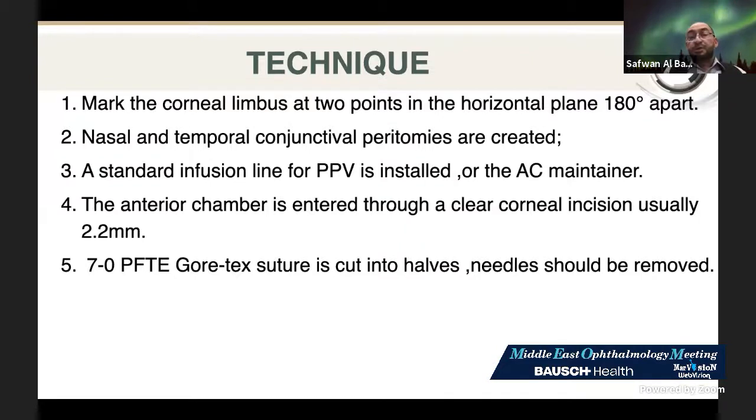A standard infusion line for PPV is installed, or an AC maintainer. As I said, the anterior chamber is entered through a clear corneal incision, usually 2.7 for me. The Gore-Tex suture is cut into halves. The needle should be removed, meaning that I will not use a needle here.